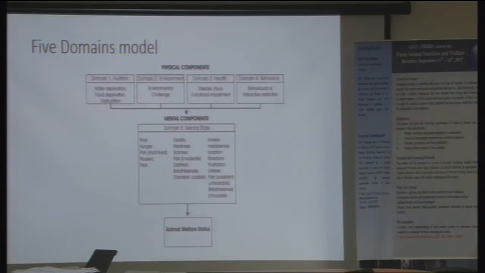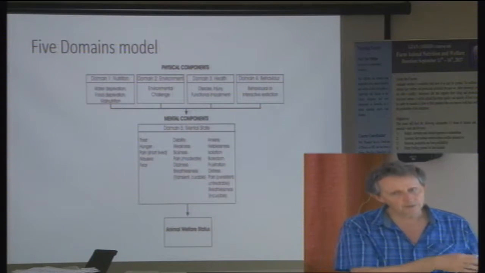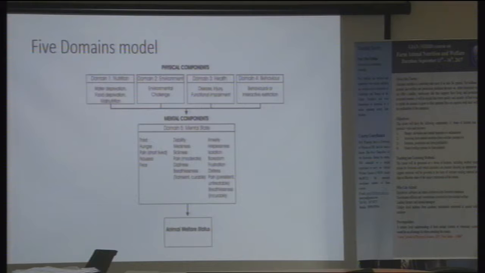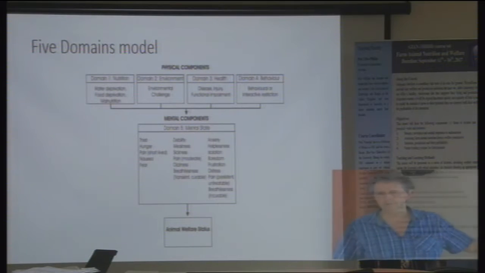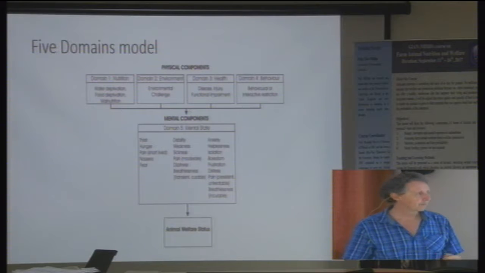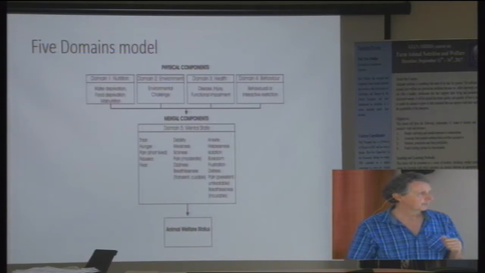The 5 freedoms came out of the Bramble Committee in 1965, a long time ago, when calf production for veal in the United Kingdom was being criticized by the public. The Bramble Committee was set up to investigate calf rearing in England, and they said there were 5 problems, pretty much what you saw in the 5 freedoms. And it's taken another 50 years before we have the 5 domains, which is similar.